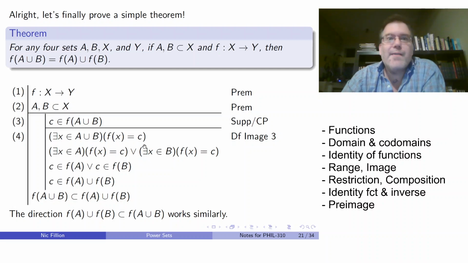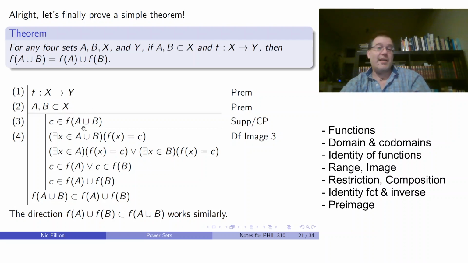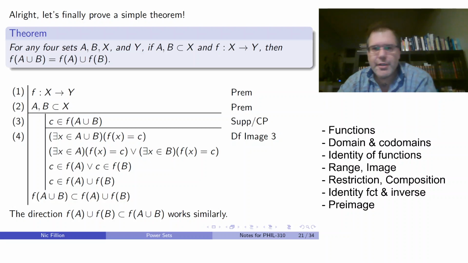And the reason why I thought about starting from there to reach that subgoal is because that line is just the membership condition for line 3, where C is in the image of A union B under F. And that means there's an element in the set A union B such that C is the value of F at X. Okay? So line 4 follows from line 3 just by the definition of image, or the membership condition of images.